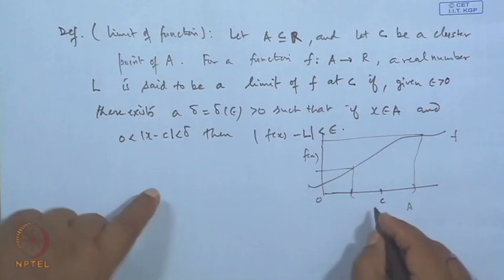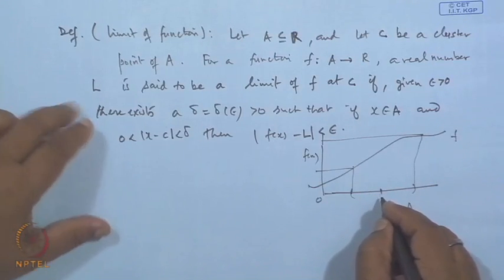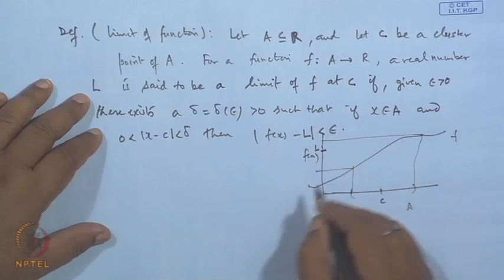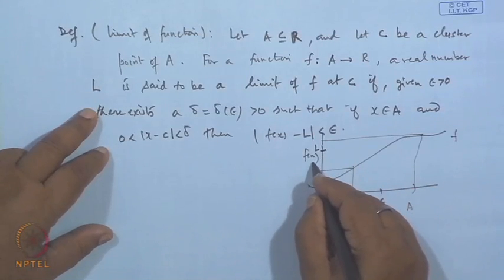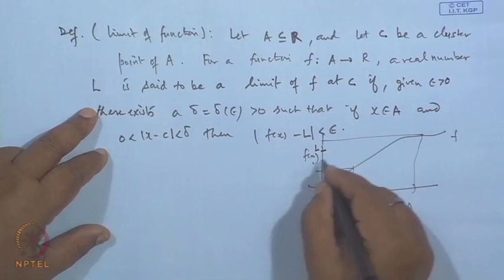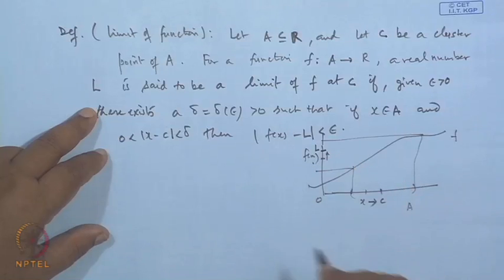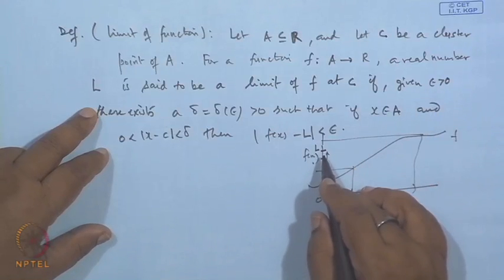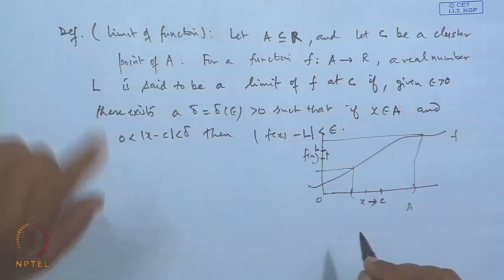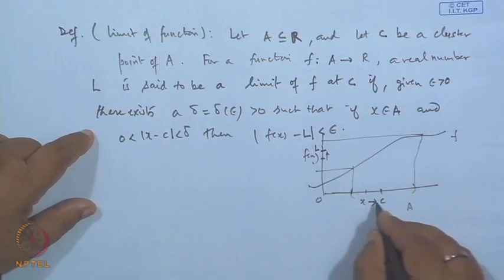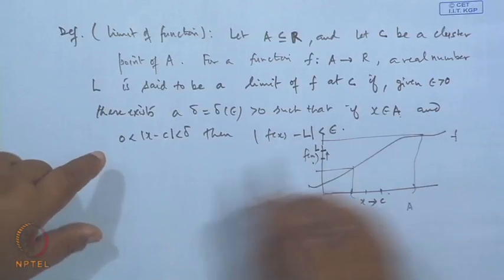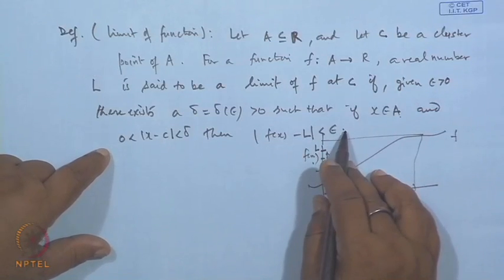So, what it says is that L is the limit of the function f(x) at the point c; that is, if I take x and x tends to c, the corresponding f(x) goes to L. It means that if we take any epsilon greater than 0, then there exists a delta such that for all x belonging to this neighborhood, mod of f(x) minus L is less than epsilon.